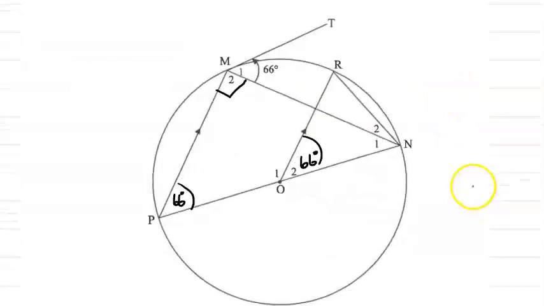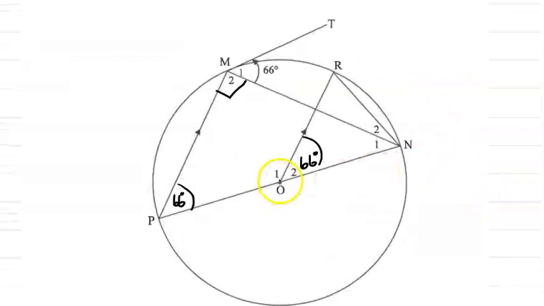So there are various other things that we can solve now looking at that. Remember that now you got the center of the circle, which means now that OR and ON are radii, so they are equal in length. And if they're equal in length, it means now that this angle R is going to equal this angle N. Also, what do you have?